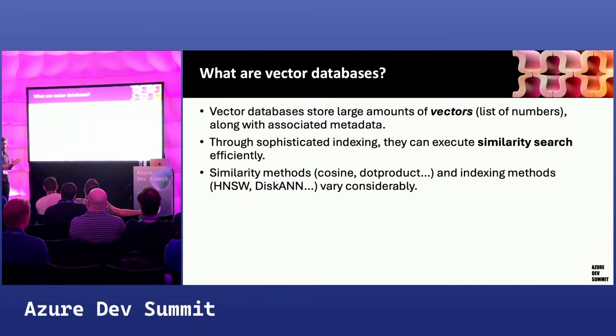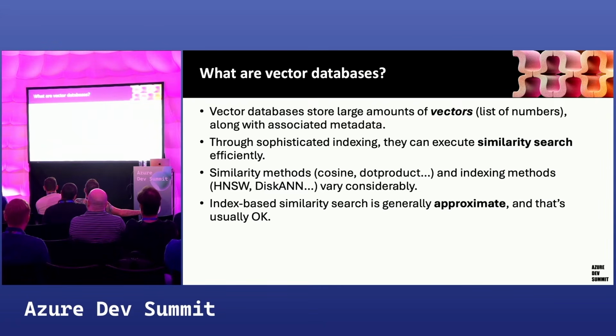One property of vector databases, which I find interesting, so I'm going to mention it, is that index-based similarity search in vector databases is typically approximate. This is weird. Usually in normal databases like a SQL database, an index never impacts the results of your query. All an index does is make it go fast. You can remove the index or add the index, same results. With vector databases, because of the complexity of what indexing actually means, you're making a trade-off.